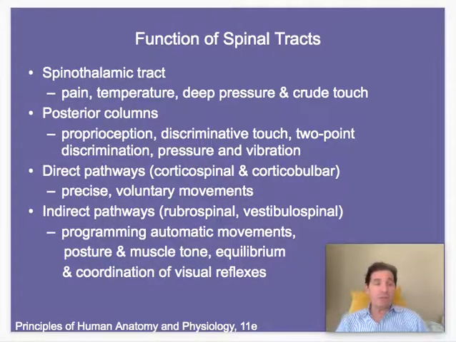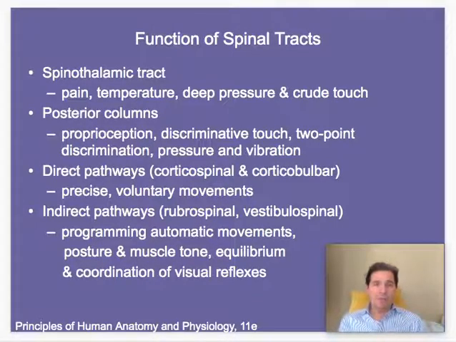So what's crude touch? Basically, crude touch is you're sitting down, you feel your body touching and having pressure against the chair. So you're realizing you're sitting on a chair. And that's crude touch, as opposed to discriminative touch or fine touch, which is basically being able to touch something. Let's say you're feeling your hands in your pocket, and you feel change in your pocket.